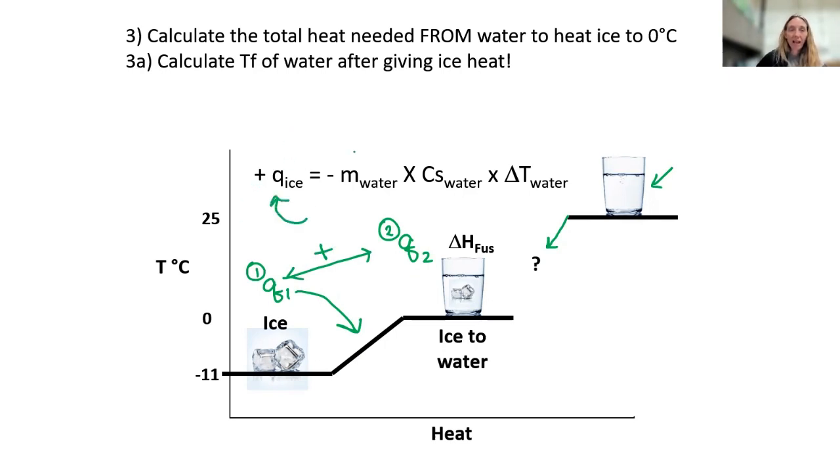So this little negative sign right here says it's going to give heat to the ice. So we've got ice on this side, we've got water on this side. So M is the mass of the water that we started off with, the specific heat of water, and again, that change of temperature. So change of temperature equals temperature final minus temperature initial.